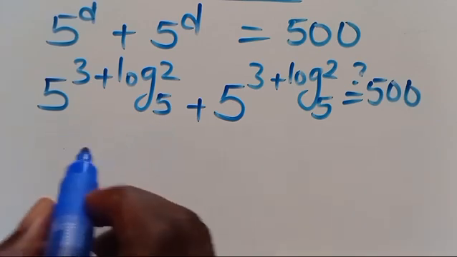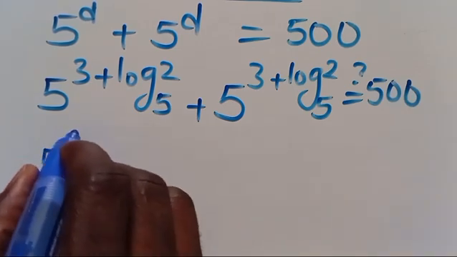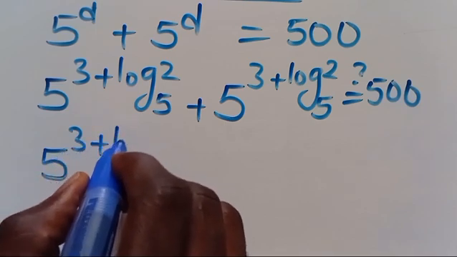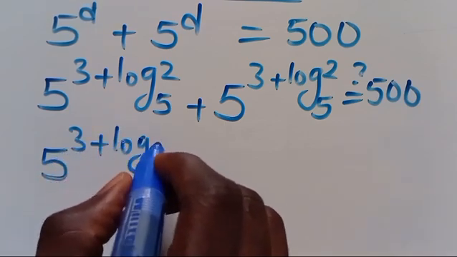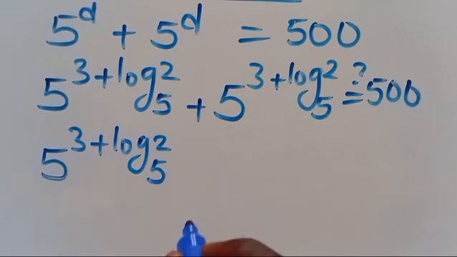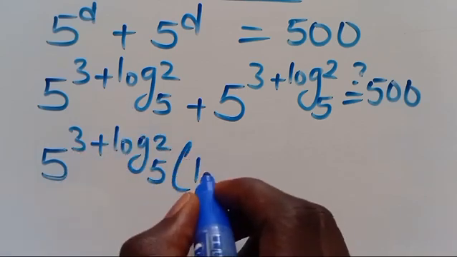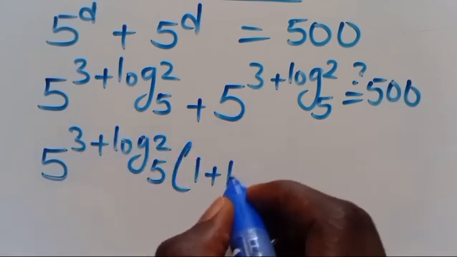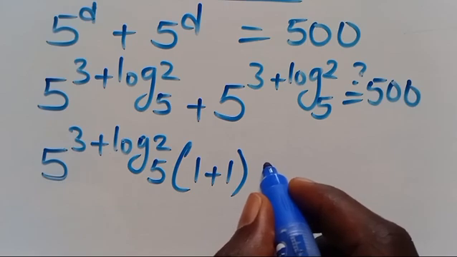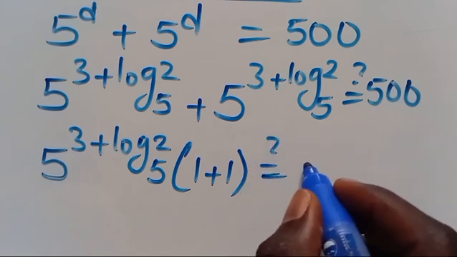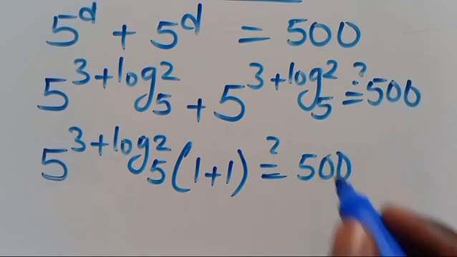This repeated 2 times, we can have it as 5 to the power of 3 plus log 2 in base 5, open parentheses, 1 plus 1, which should give us 500.